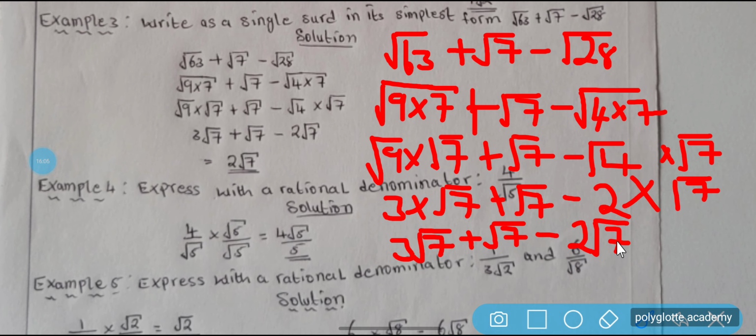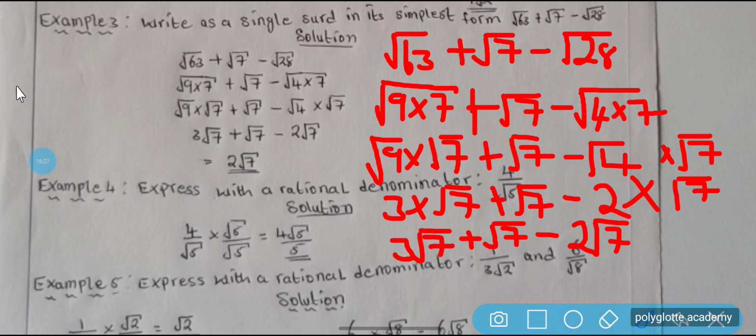That is 2 times root 7, which is 2 root 7. So in this case, we are going to consider root 7 as a quantity x.